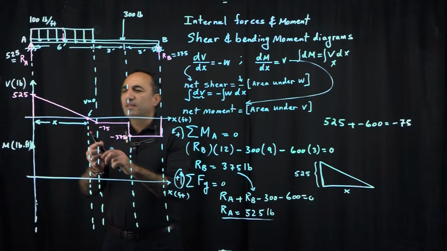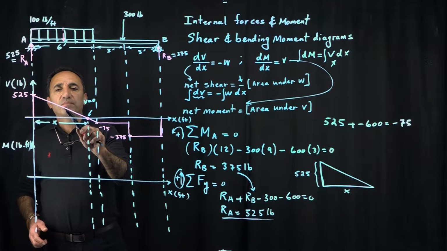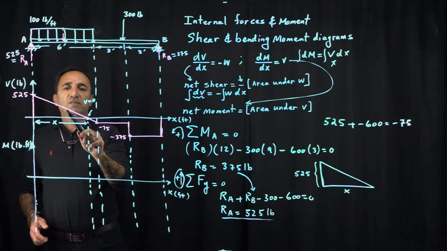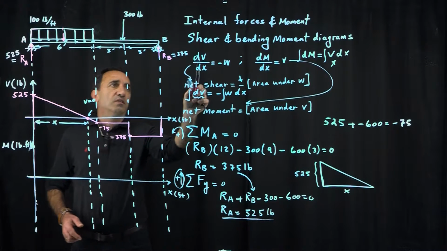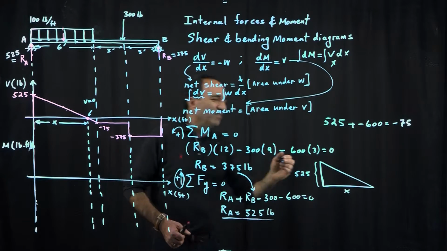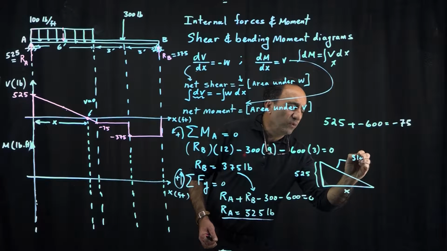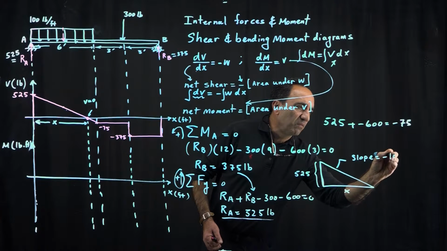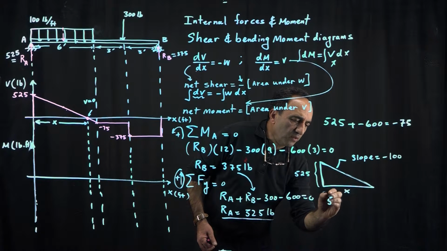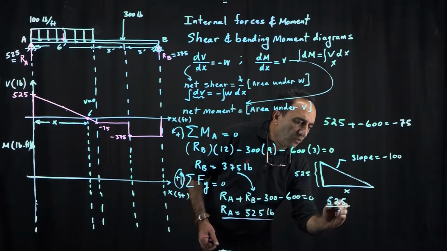And just remember that the slope of this line is the intensity of the load, which is the 100, because the derivative of this guy is w. You see that dV/dx is the negative of w. So it's actually the negative of the slope, but the slope is just a magnitude. So the slope of this guy is minus 100 because it's decreasing. So what is the slope? Rise over run. 525, rise over run x.